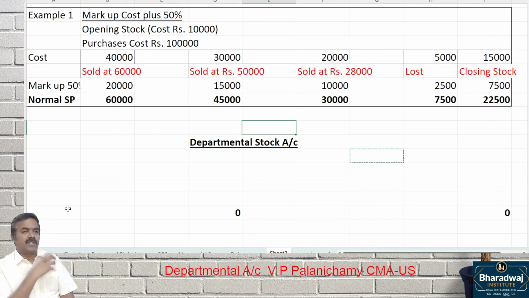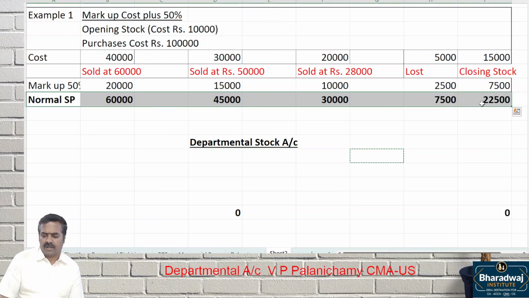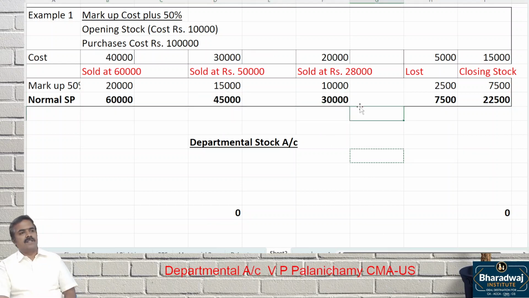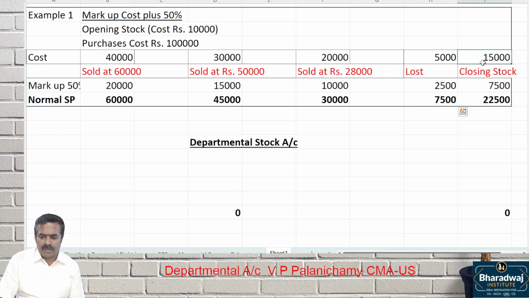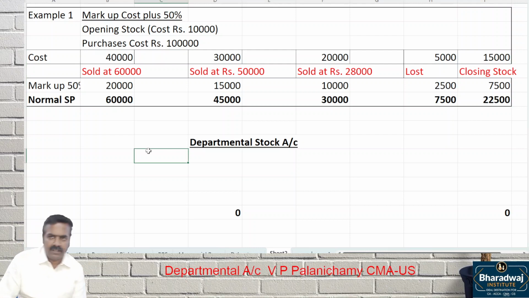We want to ensure that the managers or departmental people are selling at the normal selling price. If goods are sold below the normal selling price, markdown. If the goods are sold above the markup price, it is called further markup. And of course, there may be abnormal losses or there may be closing stock. That will be at marked up price. So we have to eliminate profit to find out the realized profit. Shall we?